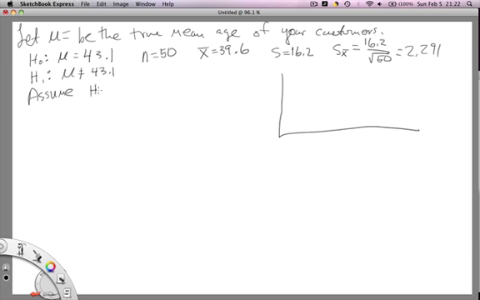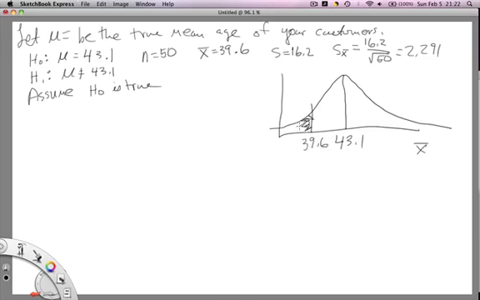So assume H naught is true. And then having done that, we know where the mean of this distribution is. The distribution is going to be approximately normal because of the central limit theorem. The mean here will be 43.1.